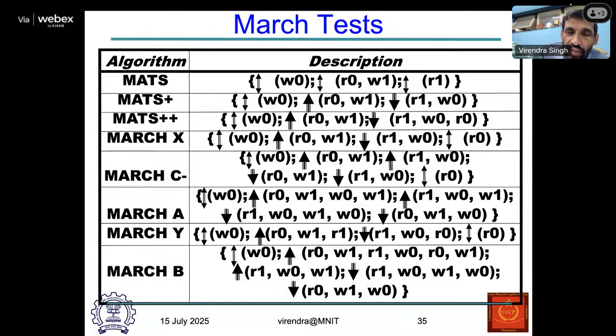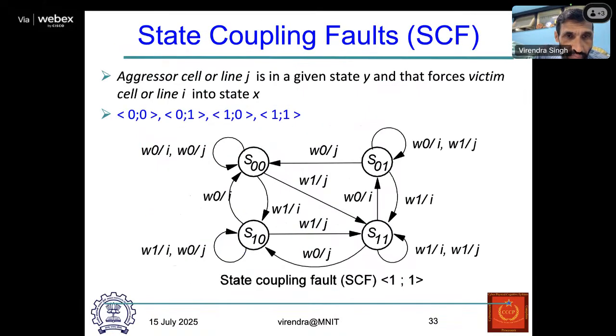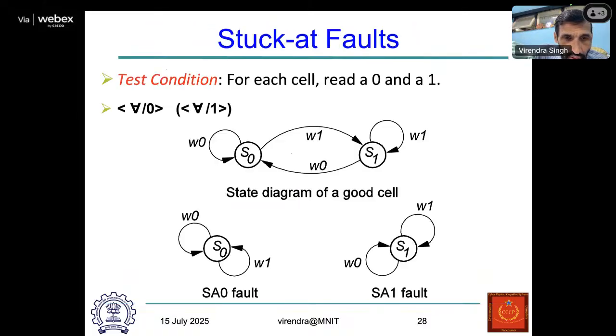The complexity of this one is 4n. This can cover all stuck-at 0 faults and all stuck-at 1 faults, as we can see from this state machine.